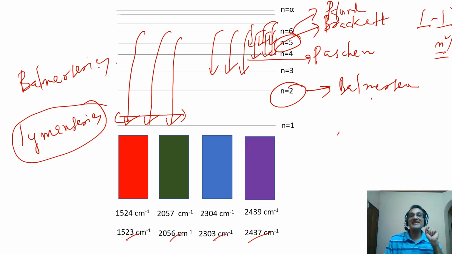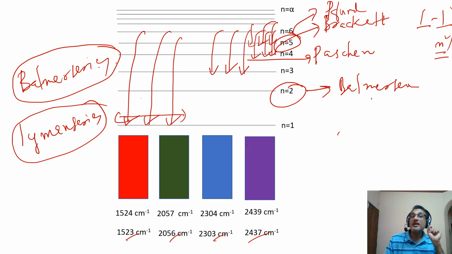But among all these series, the speciality of the Balmer series was that he could give an explanation for the wave number of these electromagnetic radiations which are in the visible range, which can be detected with our naked human eye. Because all the other series of radiations, Lyman, Paschen, Brackett or Pfund series, you cannot distinguish with your eyes, because the Lyman series belongs to the ultraviolet region.